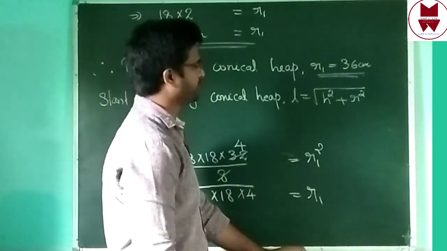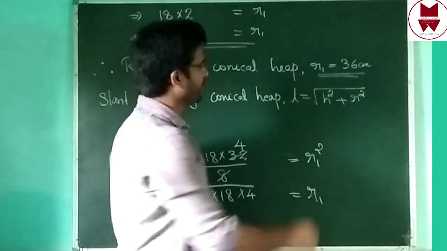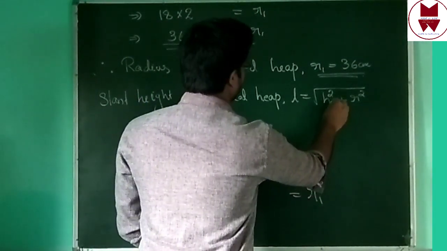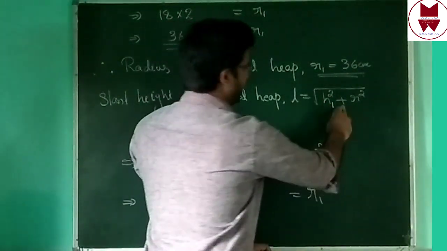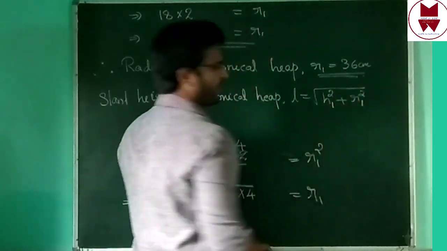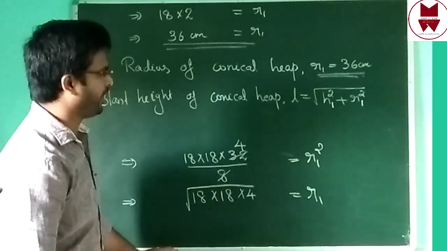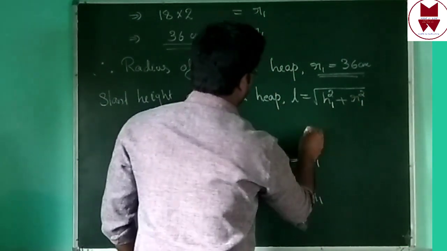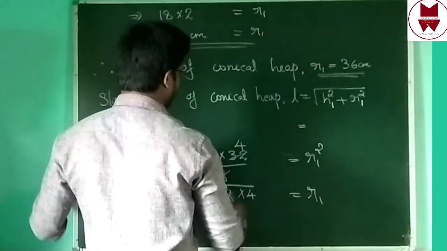But in here we cannot use h square and r square, because the height of the conical heap we took h1 and the radius of the conical heap we took r1, isn't it? That's why h1 square plus r1 square. We can give all values in here.